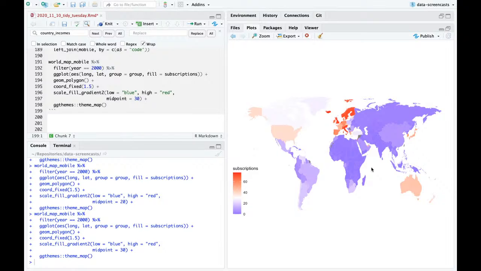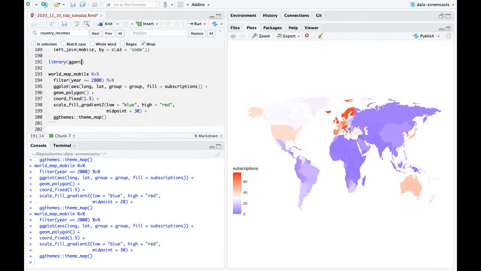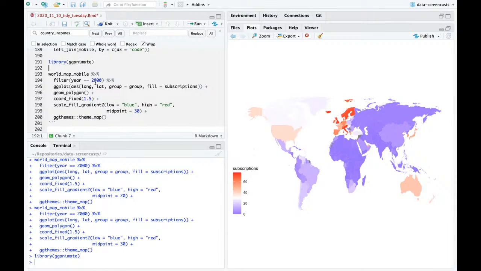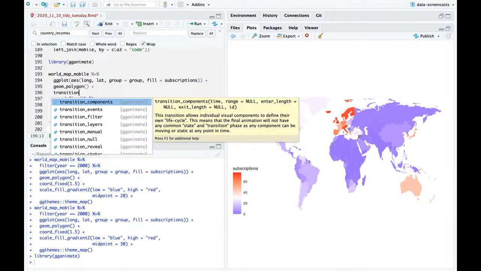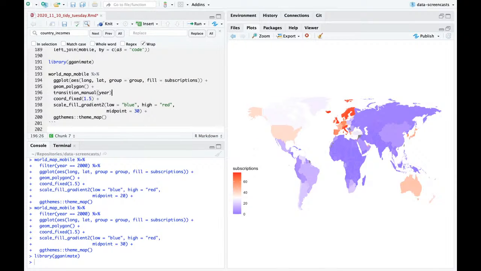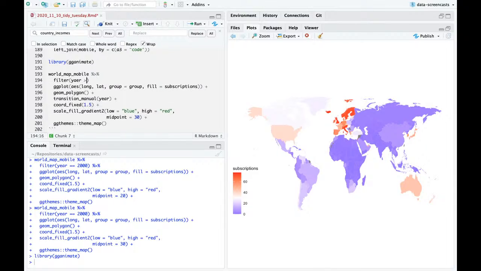So we are going to make an animation, and what I'll do is library(gganimate), and I will move the year, and instead what I'm going to do is say transition_manual(year). Let me filter for year less than or equal to 1994, so it's a little bit faster while I'm drafting it.